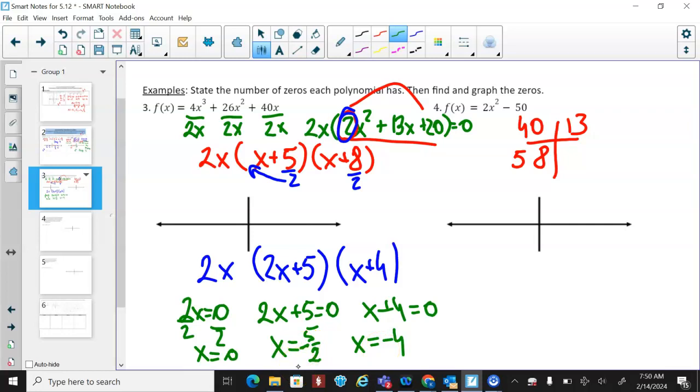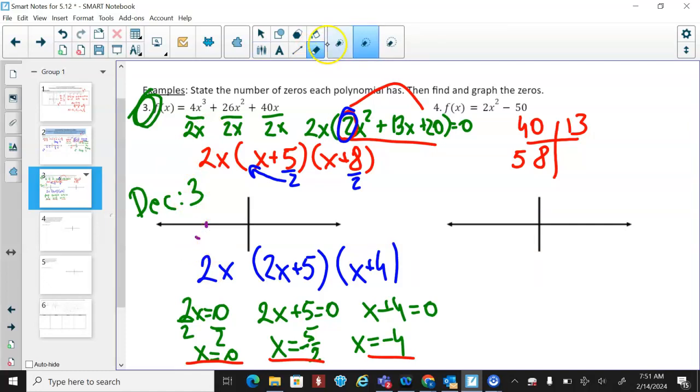So if I determine what degree my function number 3 is, it's going to be third degree. Why? Because I have 3 solutions that I solved. I have a 0, I have a -5 over 2, and I have a -4. Now again, I can graph it, and it's going to be -5 over 2 right here.